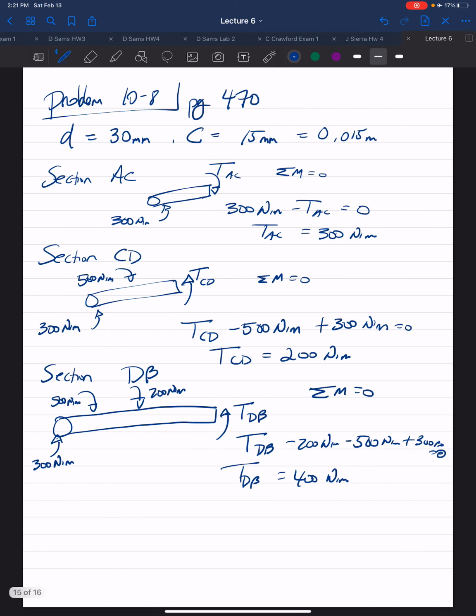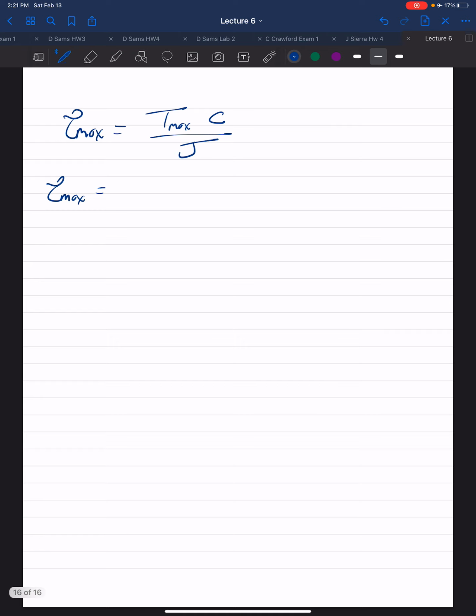Back to our torsion formula. Maximum shear stress will be our maximum torque, C over J. This is a solid shaft. And our maximum torque out of TAC, which is 300 Newton meters, TCD, which is 200 Newton meters, and TDB, which is 400 Newton meters, will be the 400 Newton meter value. Our radius C of the 30 millimeter shaft is 0.015 meters.